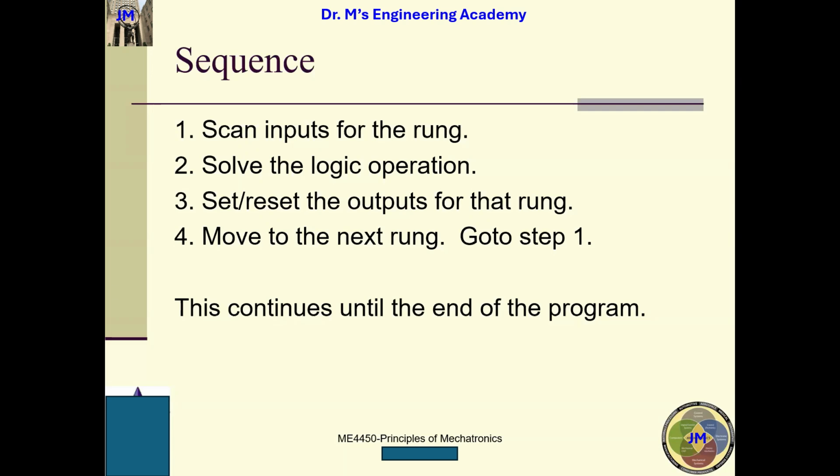If something happens, if some conditions are met, then I'm going to do something, take action. We do this from the top to the bottom and from the left to the right until we finish all these rungs, and then we have another cycle.